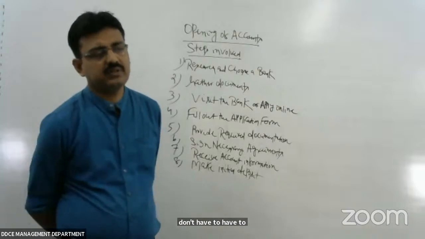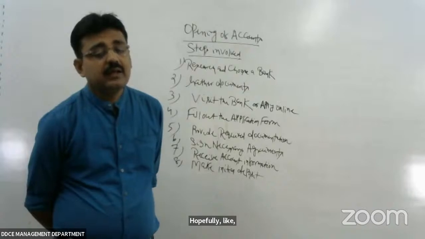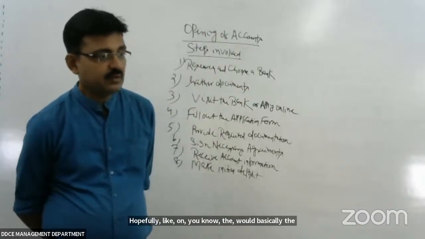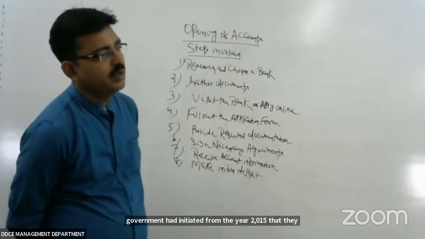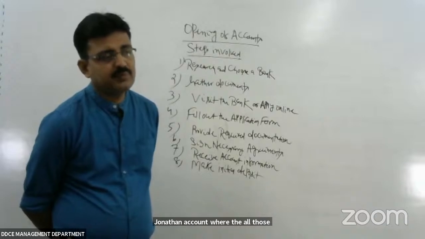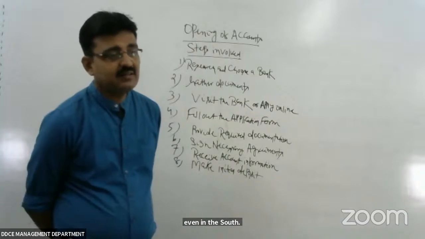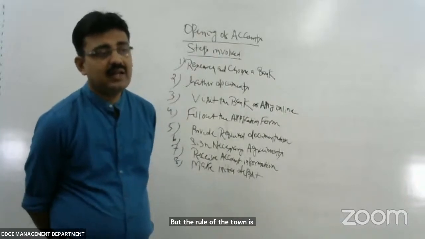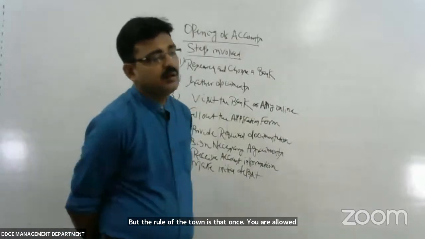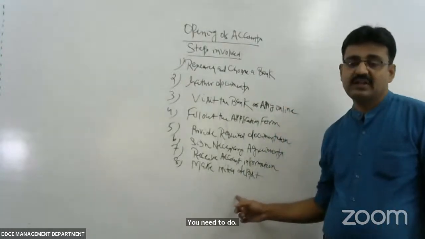No frill account or zero balance account, which the government had initiated from the year 2015, that is the Jan Dhan account, where the account holders were not needed to give any initial deposit. But the rule of thumb is that once you are allowed to have an account with the bank, the first and foremost thing you need to do is to make some initial deposit.